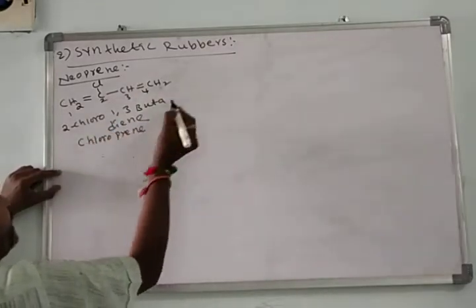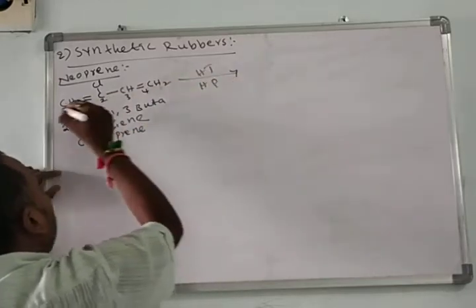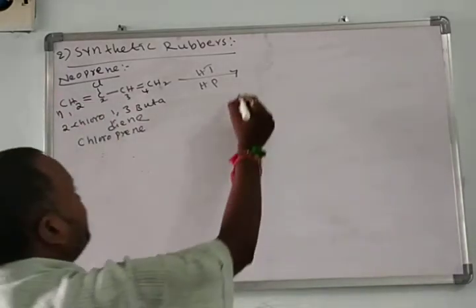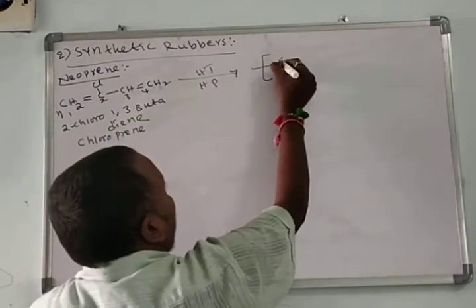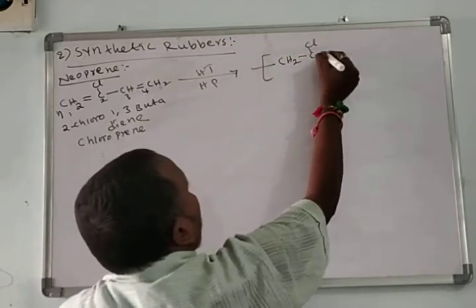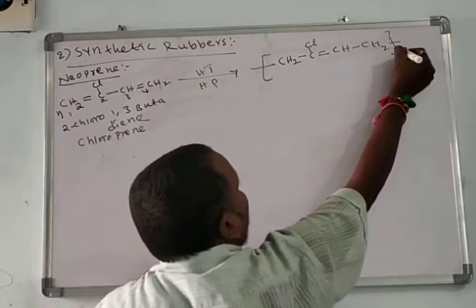The polymerization of chloroprene at high temperature and high pressure: take a number of molecules of chloroprene at high temperature and high pressure and we get CH2, C Cl double bond, CH, CH2, taken n times.